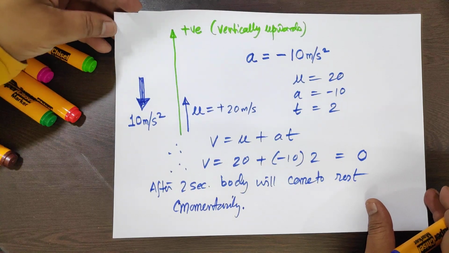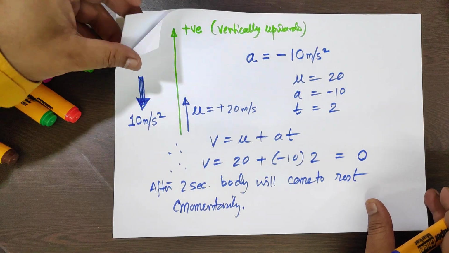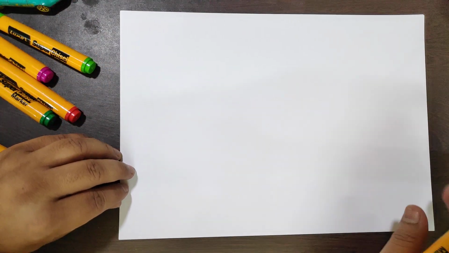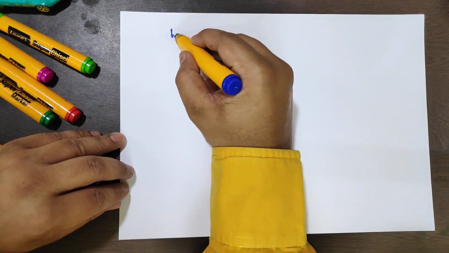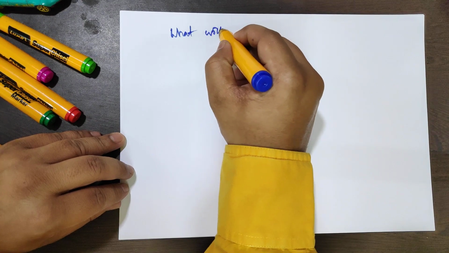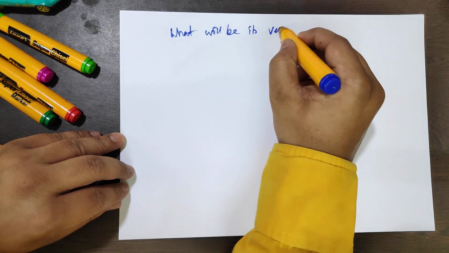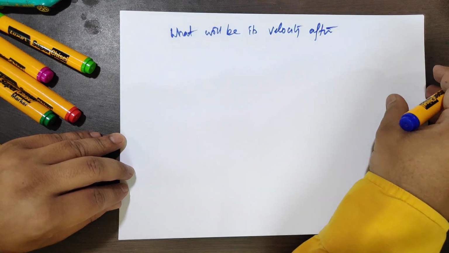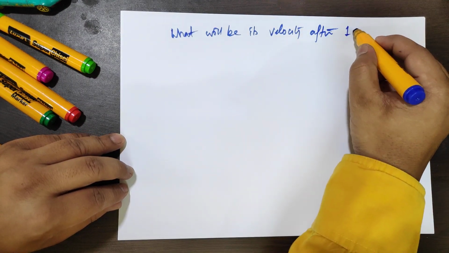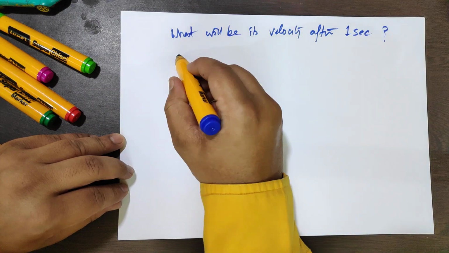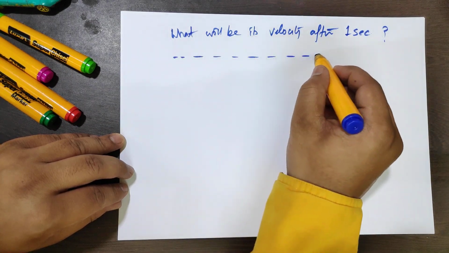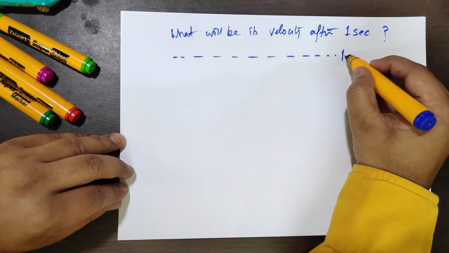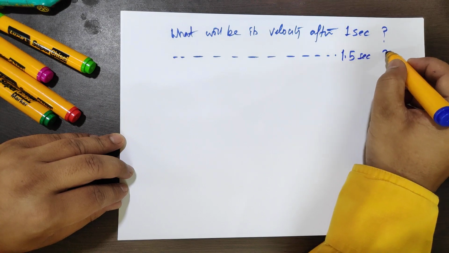Now say if we calculate velocity, suppose for the same problem, what will be its velocity after 1 second, and one more, what will be its velocity after 1.5 second.